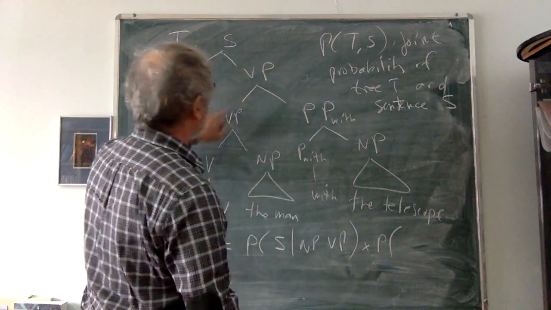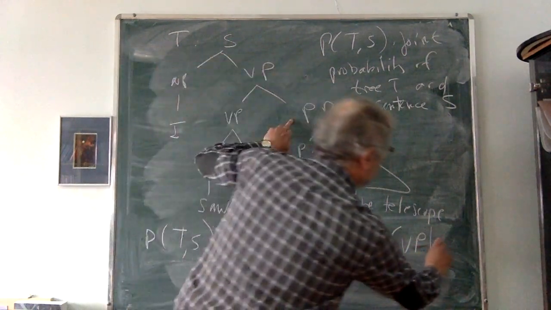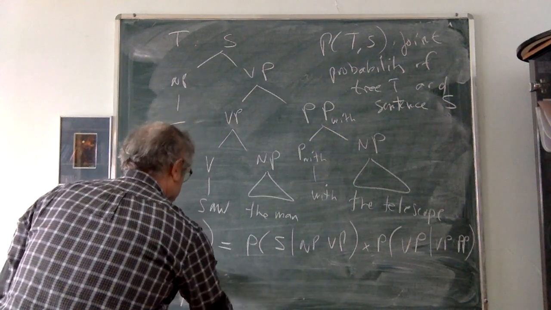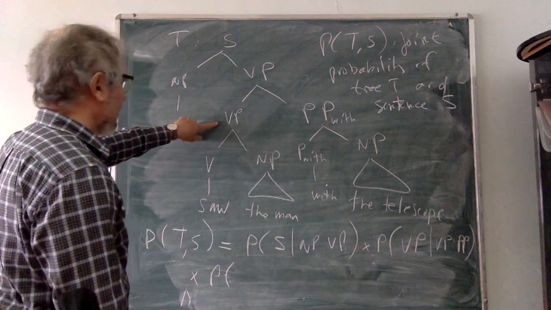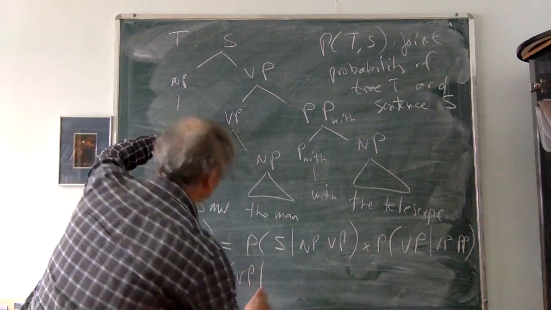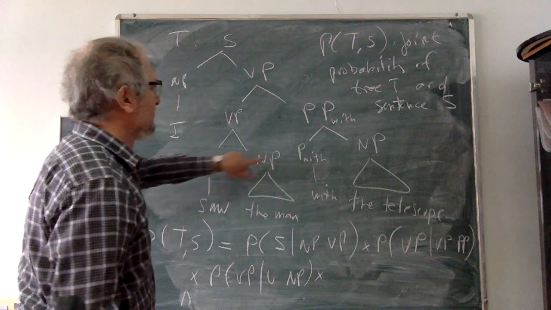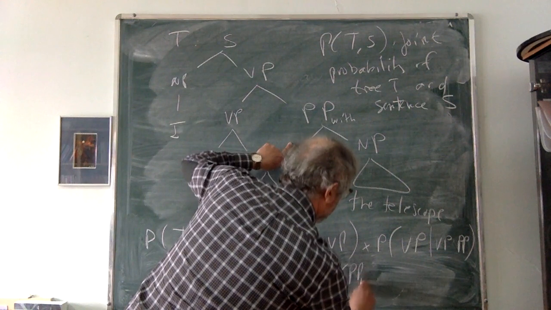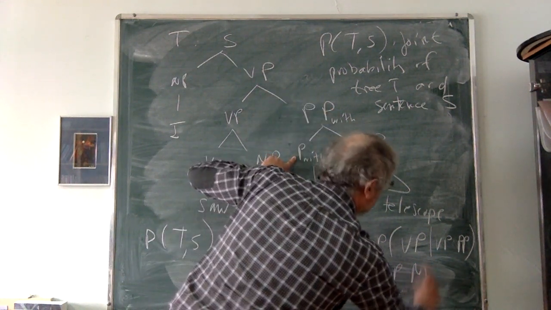Probability of VP given VP PP, times probability of VP given V NP, times probability of PP with given P and NP.